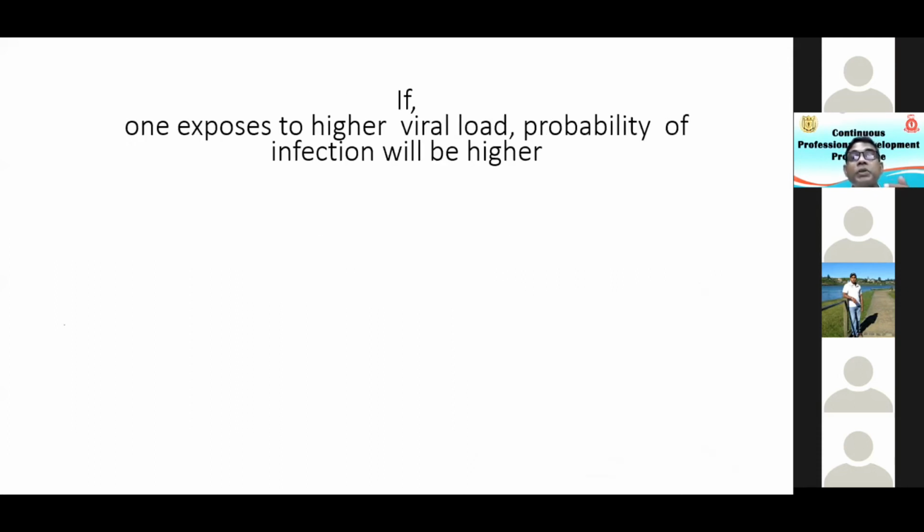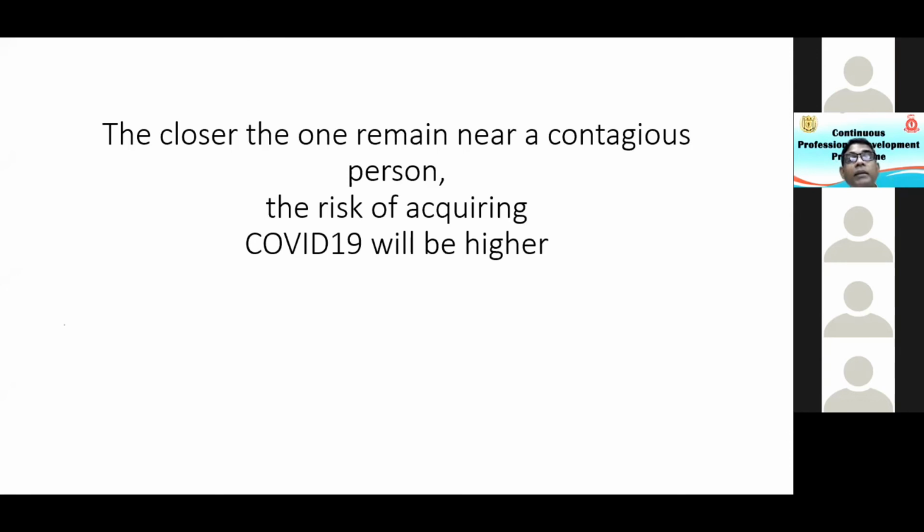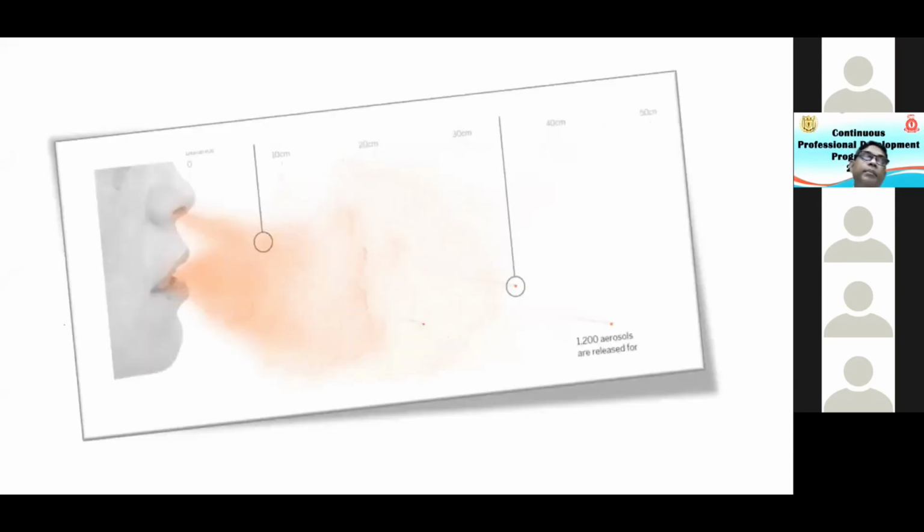If one is exposed to a high viral load, meaning a high amount of viruses, the probability of infection will be high. Therefore, exposure to a high viral load means exposure to more virus-carrying droplets. If one remains closer to a contagious person, the risk of acquiring COVID-19 is high. Here you can see a contagious person producing droplets.